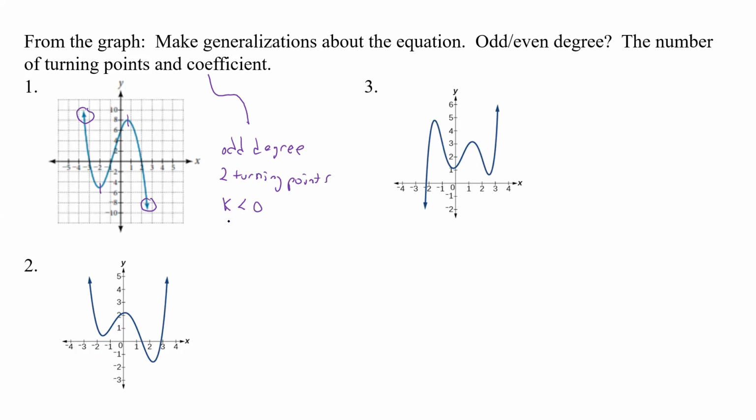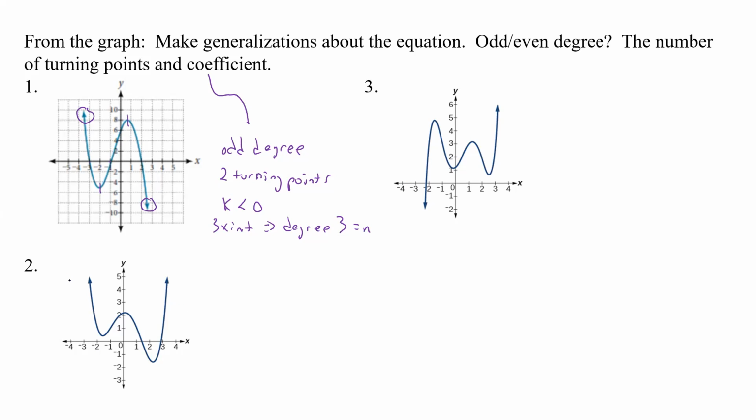It's 2 turning points, so odd degree, and probably with 3, because we have 1, 2, 3 x-intercepts, that's going to give us degree probably of 3 for n. Okay. And so that's kind of what we're guessing here. And so, that's going to be what we're going to get for this, for the most generalized term.